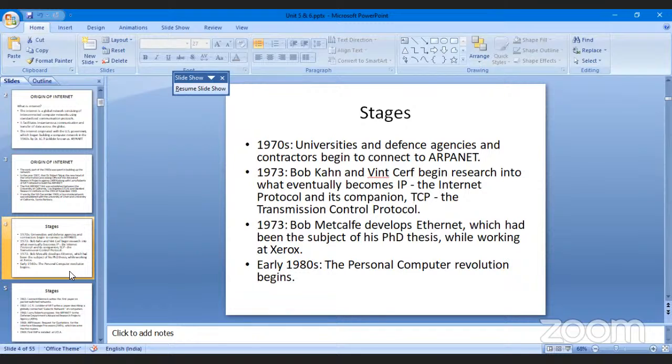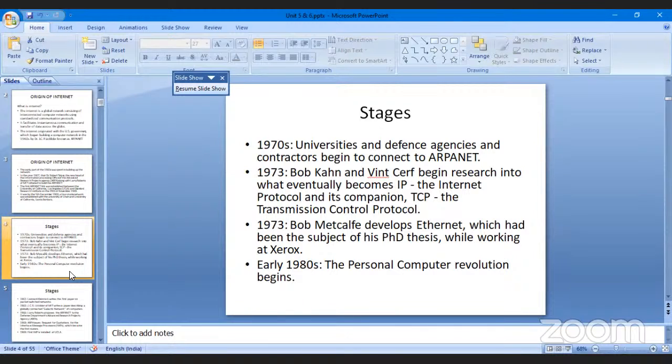Stages: how the internet has developed and evolved over the years. In the 1970s, universities, defense agencies and contractors began to connect with ARPANET to have communication. In 1973, Bob and Vint began research into what eventually became IP.